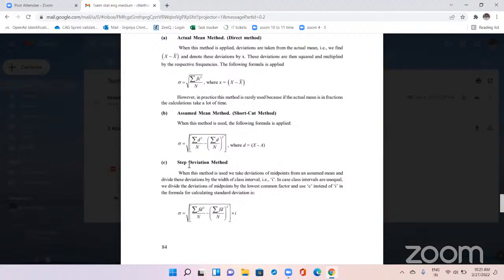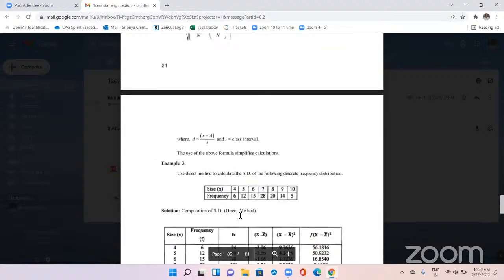Now the third, the step deviation method. Sigma is equal to under root of 1 by n sigma fd square minus 1 by n sigma fd whole square, into i. Here i is the width or size of the class interval, where d is equal to x minus a by h, or i.